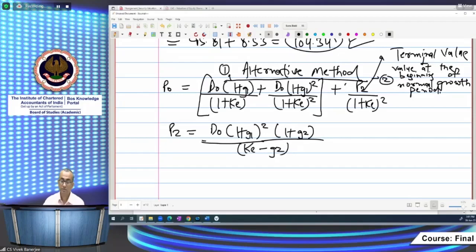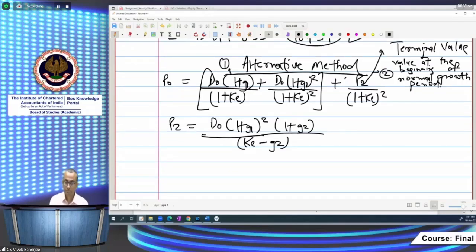Let us calculate the P0 for the first 2 years, when the growth rate is extraordinary. So this is P0 at the 20% growth rate.